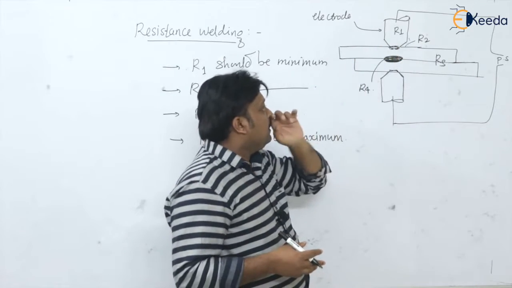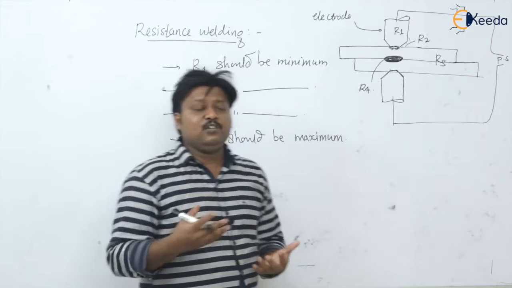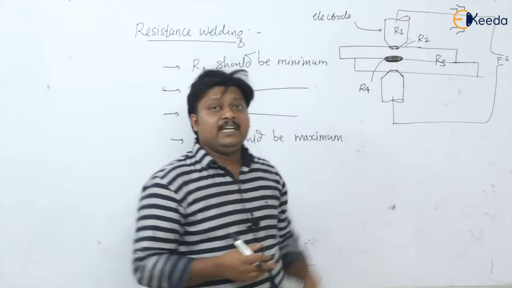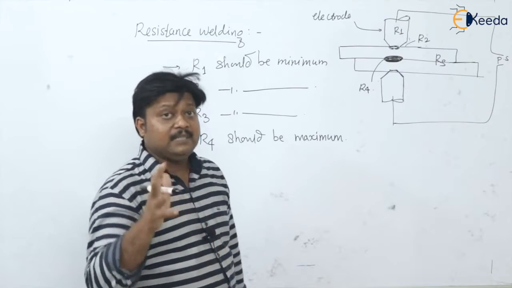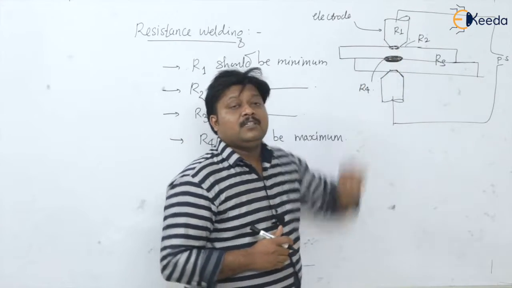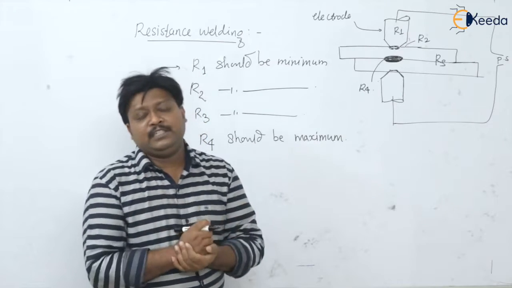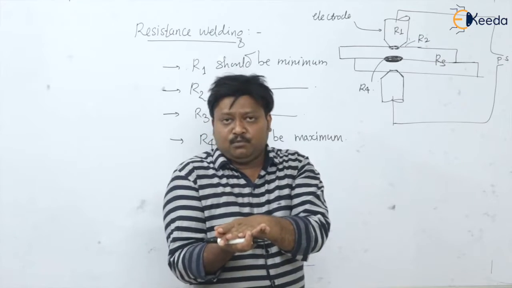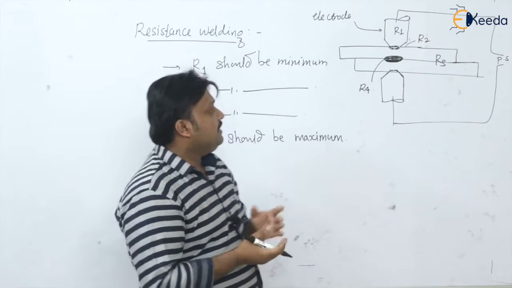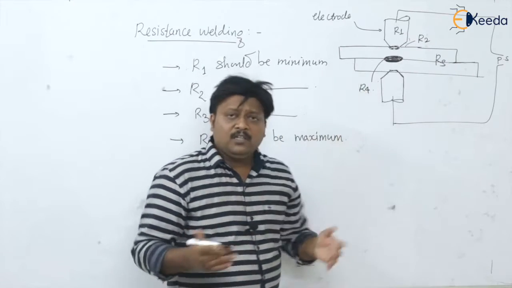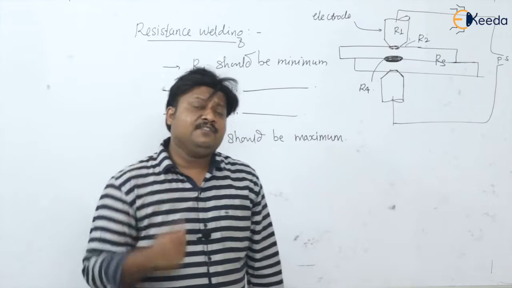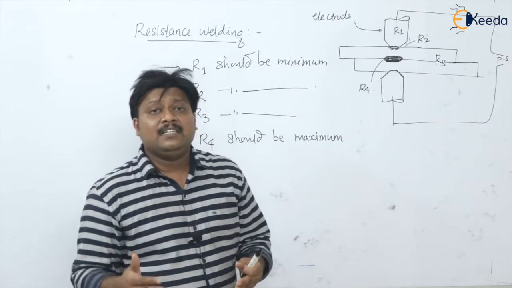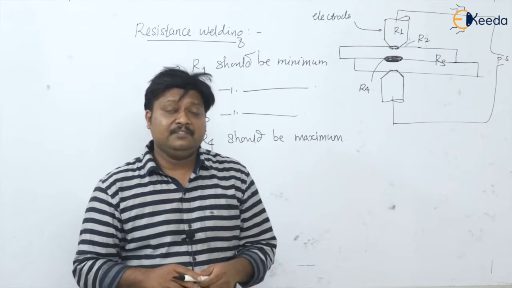So that is why we have to select an electrode material that has very good conductivity, and at the same time some mechanical properties to withstand the pressure that we apply during the process. Steel is definitely tough, but it does not have that much electrical as well as thermal conductivity.